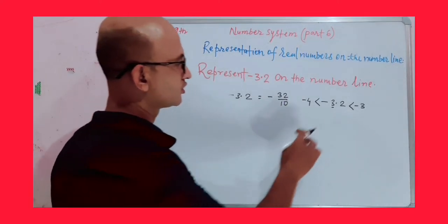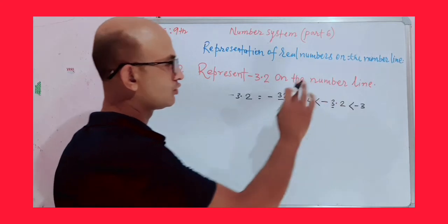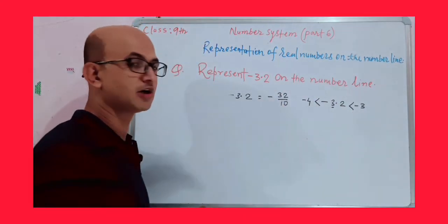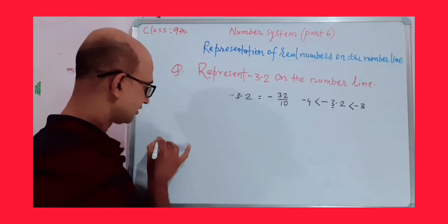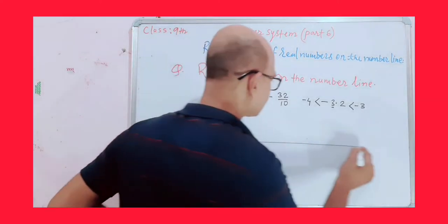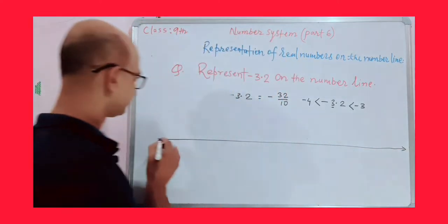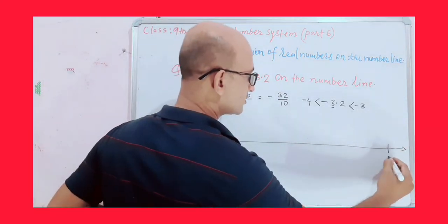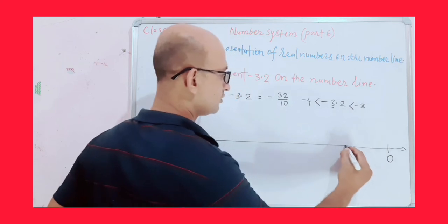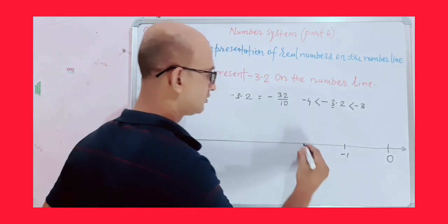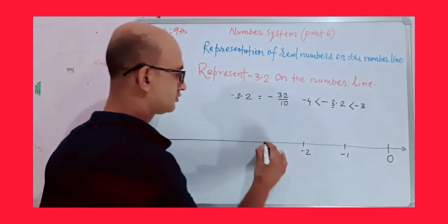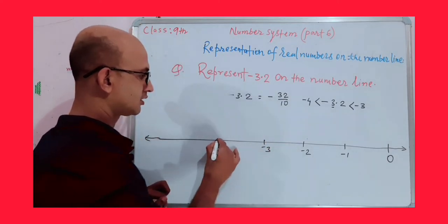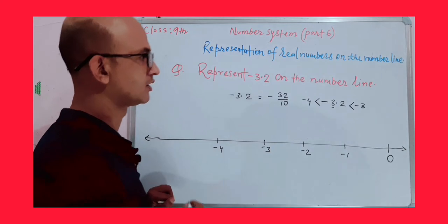Therefore, to represent minus 3.2 on the number line, first we will represent minus 3 and minus 4 on the number line. Let us represent. It is the point representing 0, minus 1, minus 2, minus 3 and minus 4.